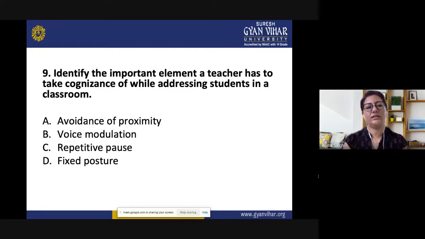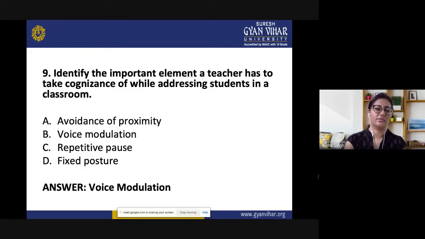Question number 9 is, identify the important element a teacher has to take cognizance of while addressing students in a classroom. Options are avoidance of proximity, voice modulation, repetitive pause, or fixed posture. So you have to identify the important element which is very important for a teacher while addressing students. And the correct option is voice modulation, which is very important.